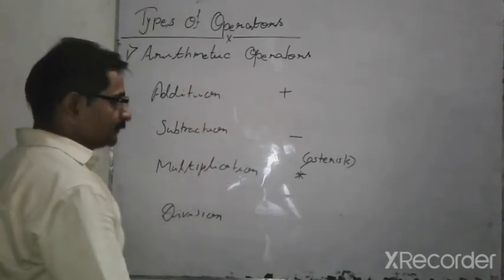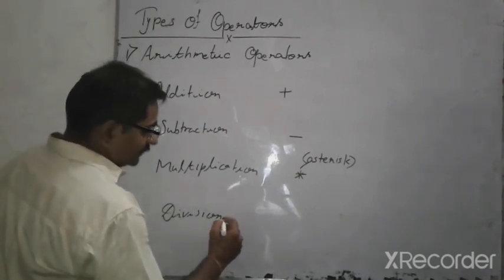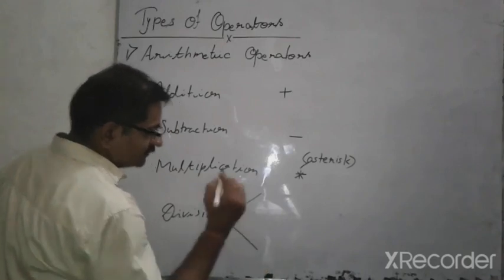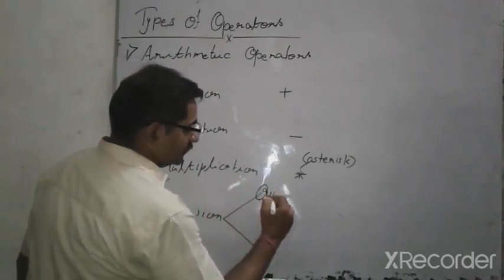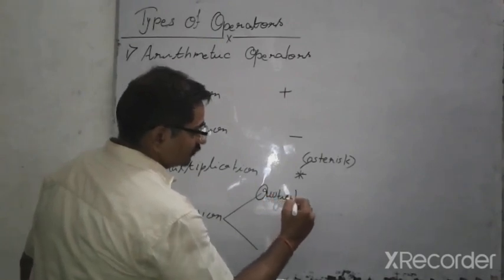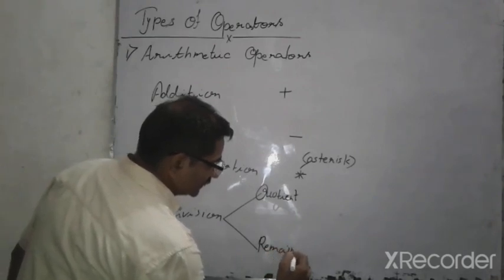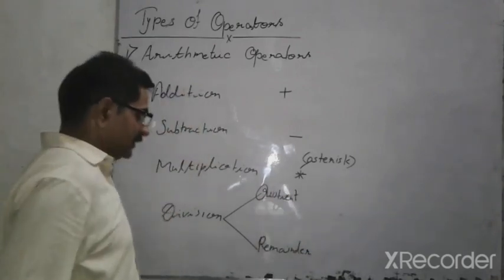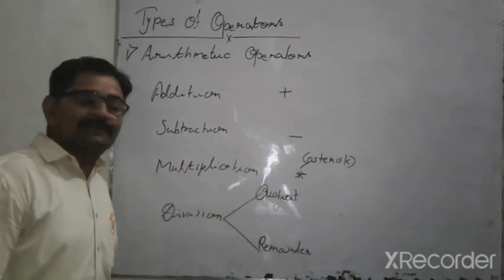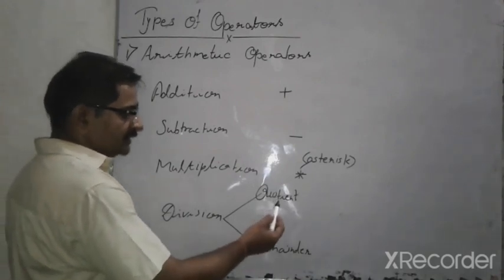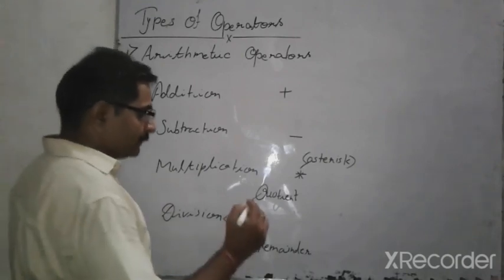When we talk about division, we get 2 kinds of values: one is the quotient and the other is the remainder. Division is the only operation which gives 2 types of values. One operator can give only one value.